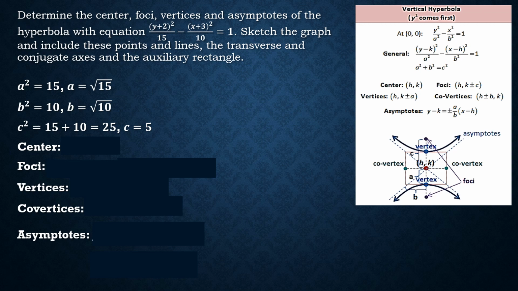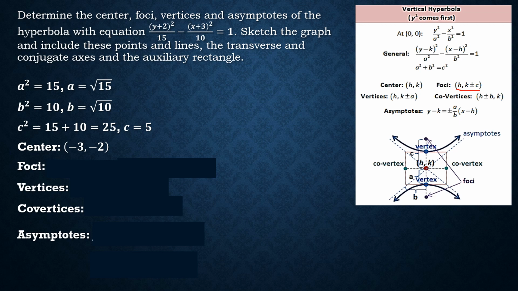So, the center, we can identify by just looking at the equation. So, we have h, which is negative 3, and k is negative 2. Now, for the foci, we will look at the formula. We have h and then k plus minus c to identify the foci.